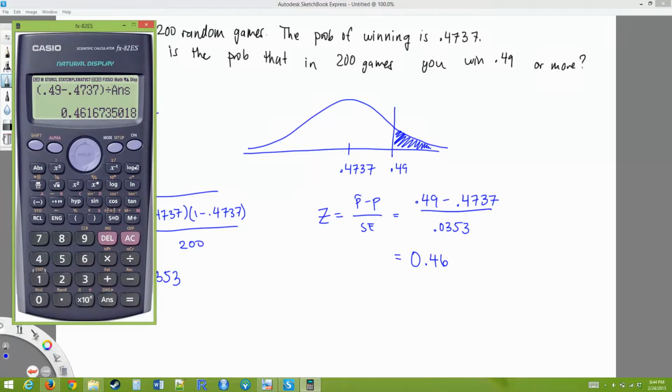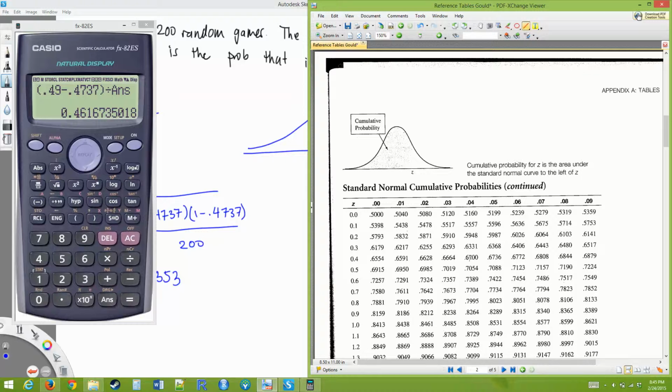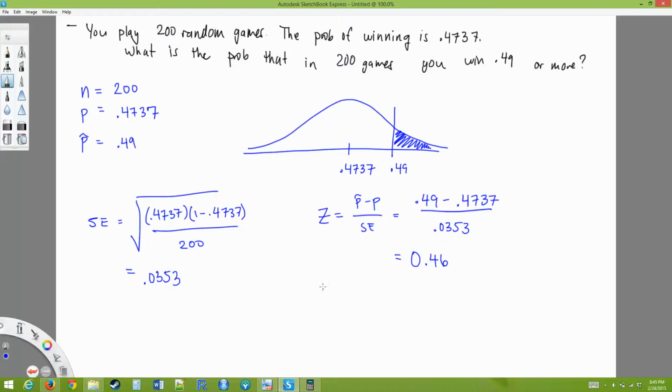I look this up in the chart. So I look up 0.46, and I get 0.6772. Okay, so the area to the left in the chart is 0.6772. Is that my answer? Nope. No, what do I do? 1 minus that, okay? 1 minus 0.6772.